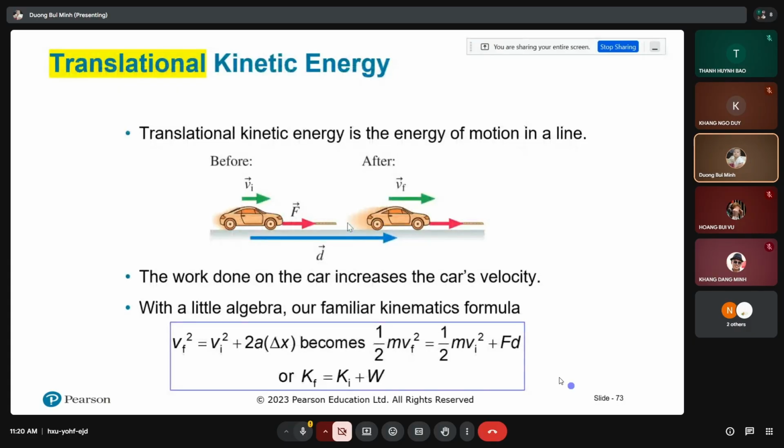Next. Now we go to kinetic energies. We review a little bit. Okay. So we have translational kinetic energies. You get initial position, always say before, and final positions we have.